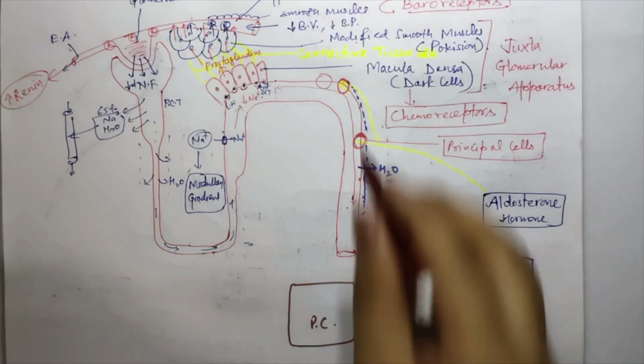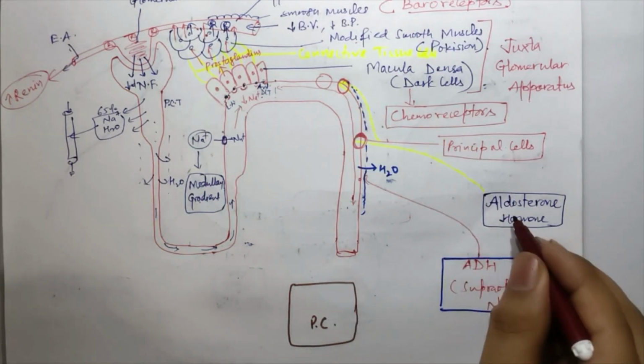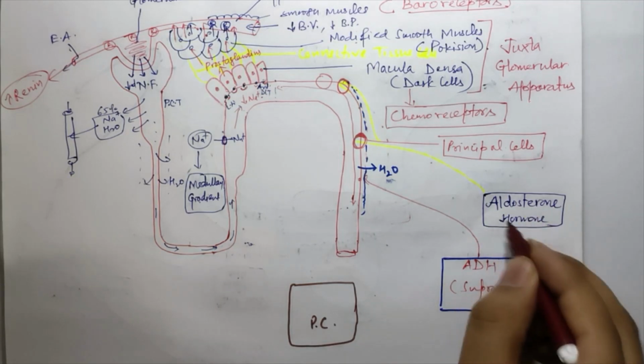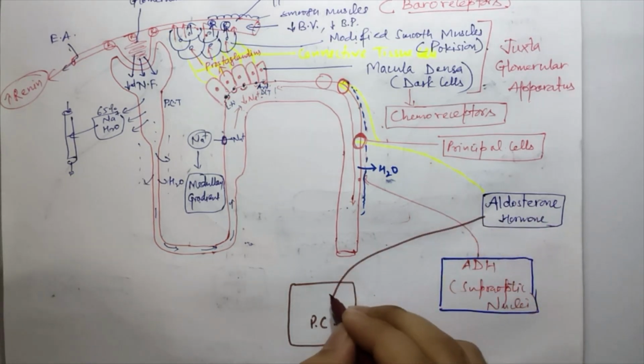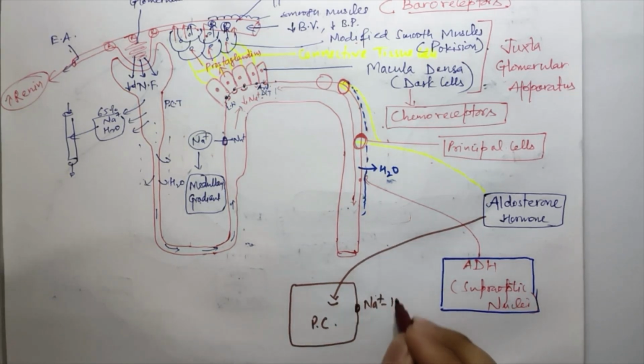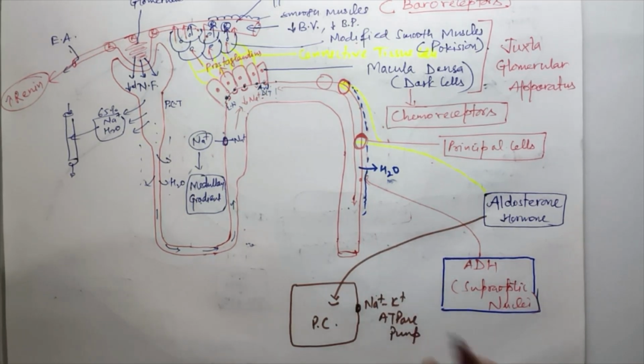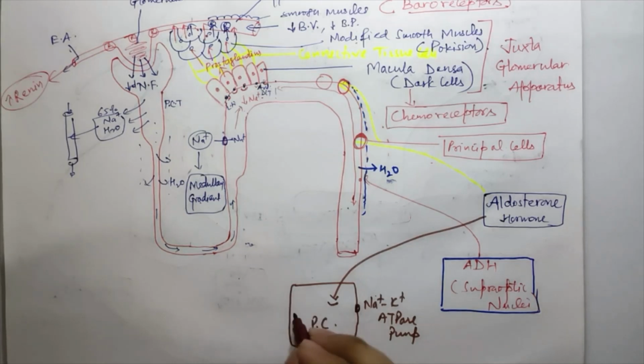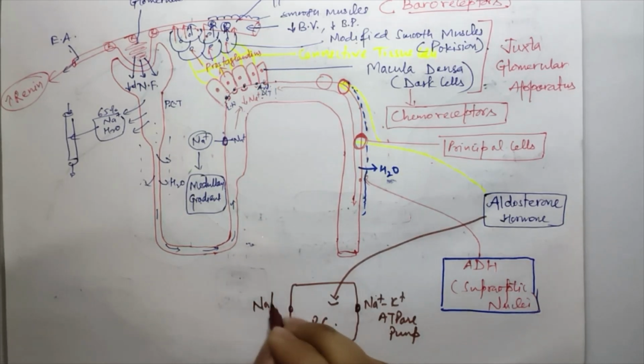These principal cells have two dual functions with respect to aldosterone. As aldosterone has cytosolic receptors, it binds with these receptors on the cytosolic side, and subsequently it causes expression of the sodium potassium ATPase pump on the basolateral side, and on the other side just sodium channels.